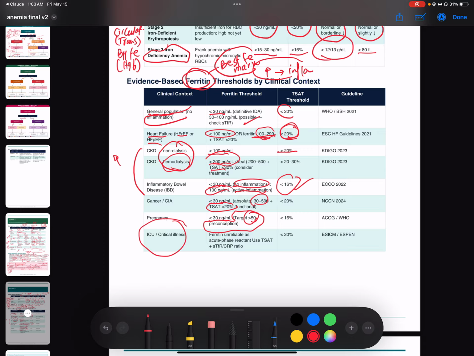In the ICU or acute setting, again, ferritin is an acute phase reactant, so you should rely less on ferritin and more on other markers like the TSAT. You can also calculate the sTfR over CRP ratio. sTfR, as we talked about, is the transferrin receptor on the tissue and the bone marrow.